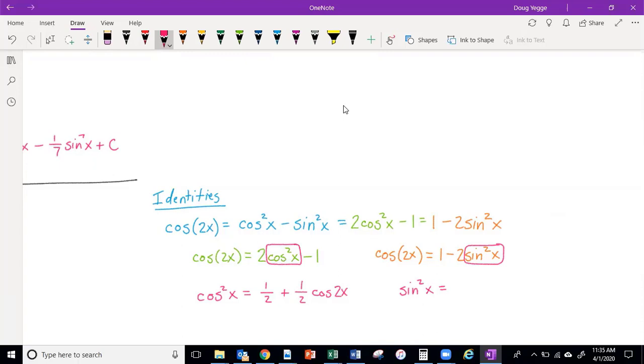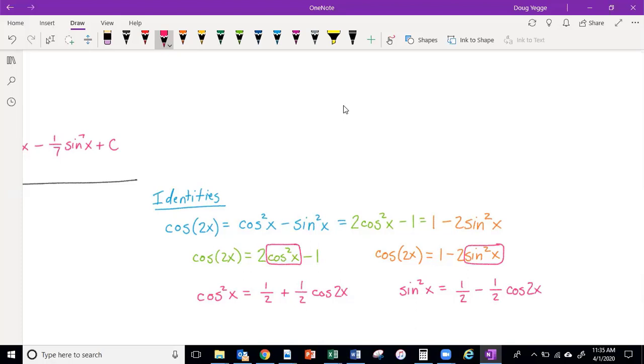But then look at what we would have to do here. We would first of all have to subtract 1 and then divide by negative 2. And so the only difference here is that now it turns out to be a positive 1/2, just like over here. The only difference is now we get minus 1/2 cosine of 2x.